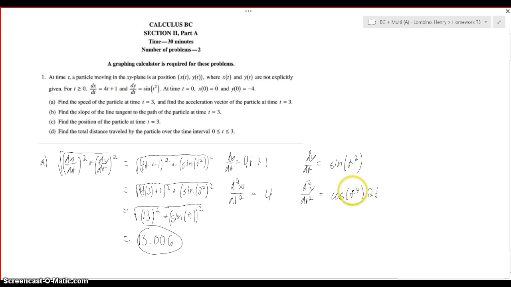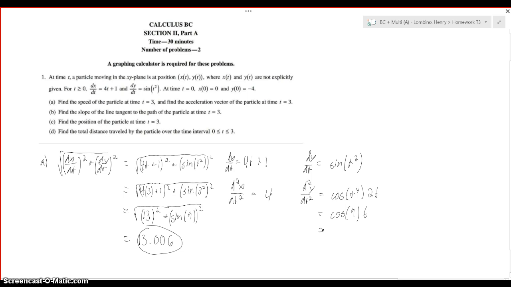And then we plug in t equals 3, so this is going to be equal to cosine of 9 times 6.